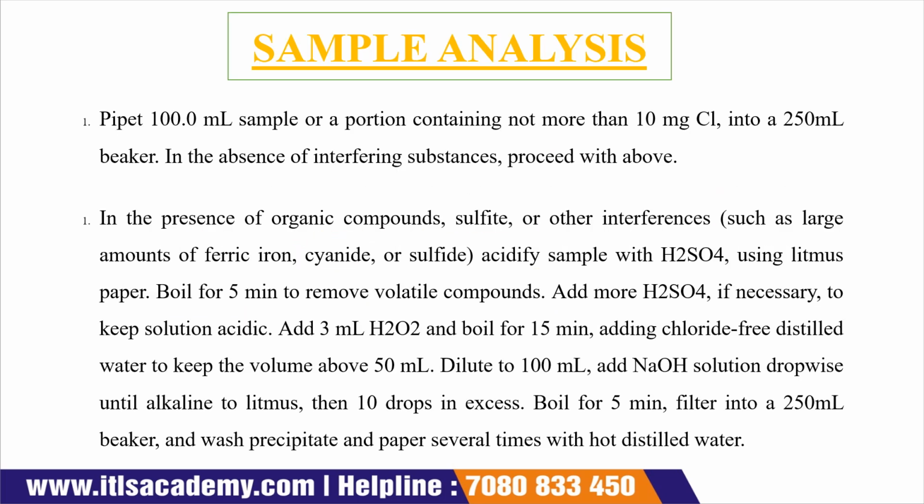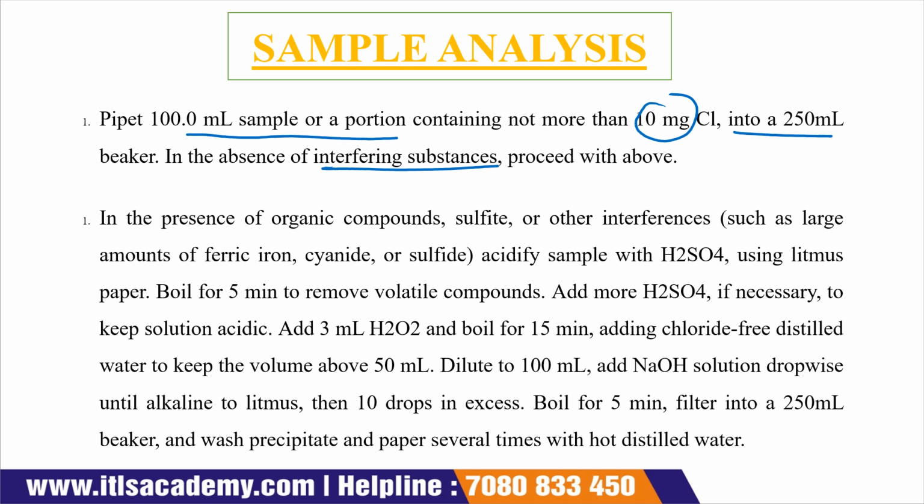Sample analysis. Pipette 100 ml of sample or a portion which contains not more than 10 milligram of chlorine into a 250 ml beaker, in the absence of all interfering substances.